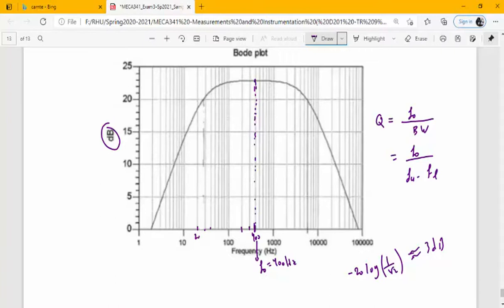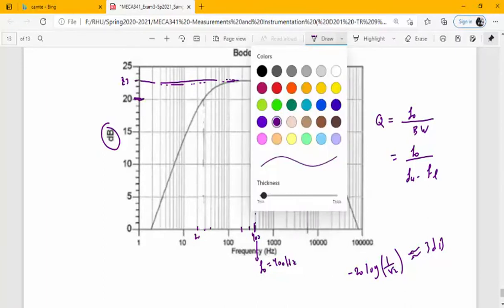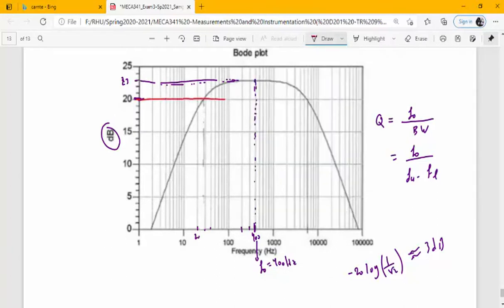Here we have approximately 23. We need to take this line 3 decibels lower, and we get this line. Our job is to determine the intersections: this is the F lower and this is the F upper.